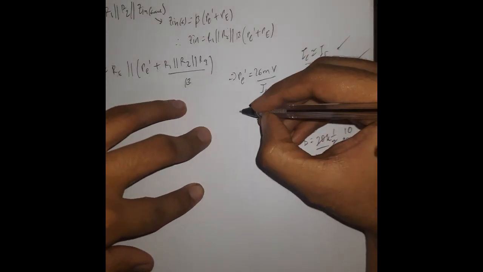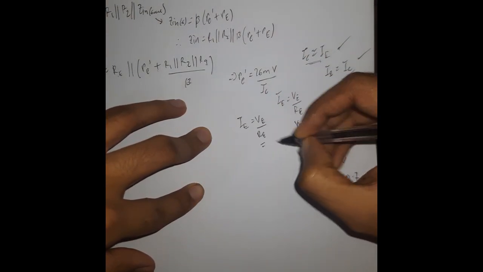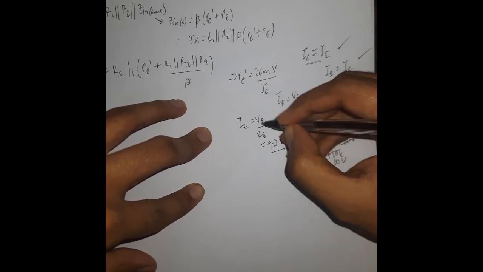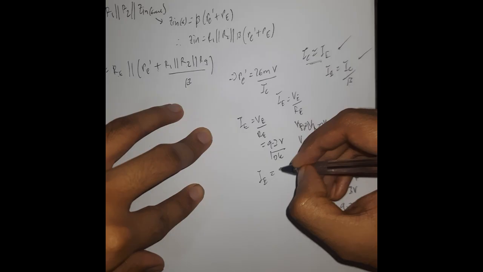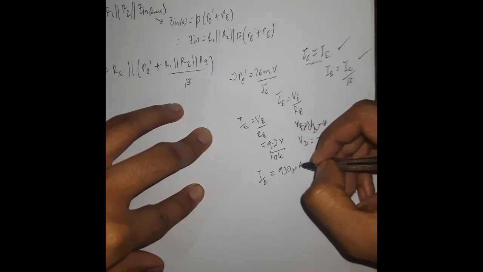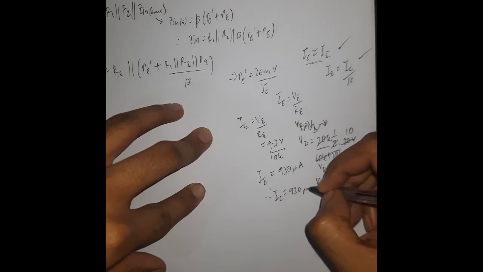I can agree that IE is equal to VE divided by RE. VE is 9.3 volts, RE is 10 kilo ohm. IE is equal to 930 microamperes. Therefore, IC is also equal to 930 microamperes.